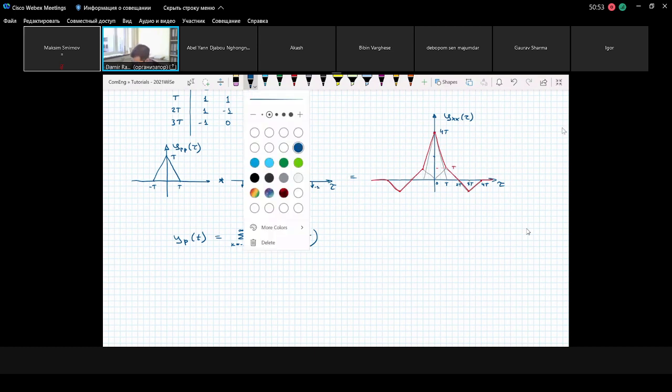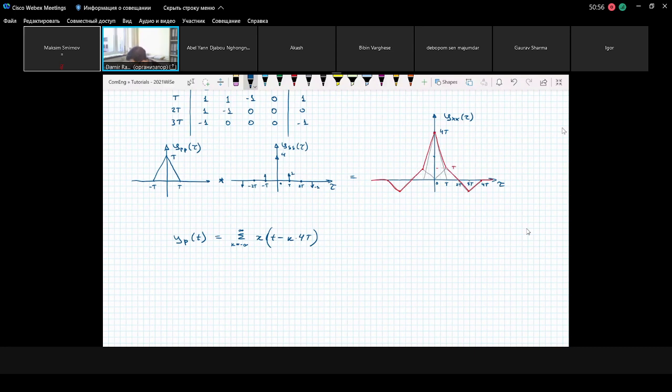In order to better understand how it works, I would propose to just plot how the signal looks like, without too many notations, just show how this periodic version might look like for our signal.